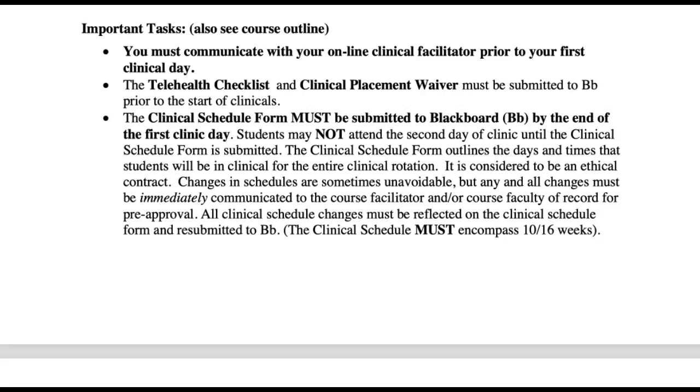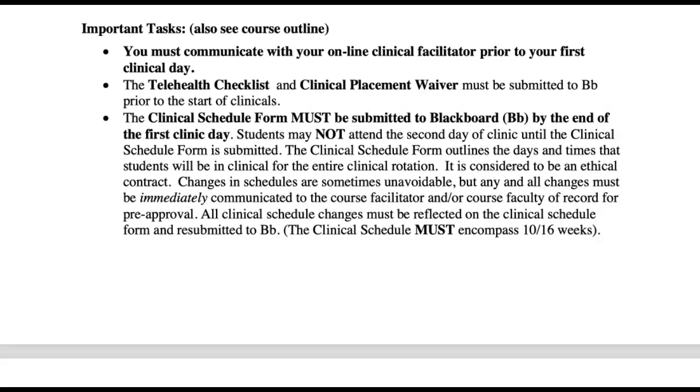The clinical schedule form is due by the end of your very first clinic day. In your clinical schedule form, there just needs to be one form, regardless of whether you have specialty sites or more than one primary care site or a primary care site and urgent treatment center, whatever it is you're doing. Just have one schedule form and denote the different sites in different color text so that it's very clear and all together on one form what you're planning to do as far as clinicals this fall.